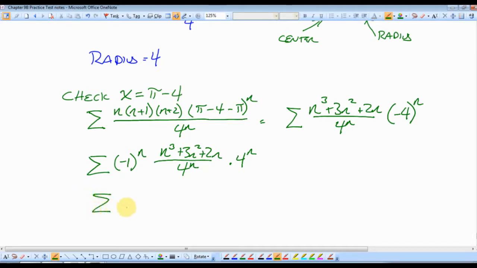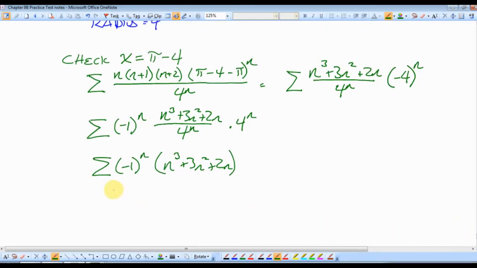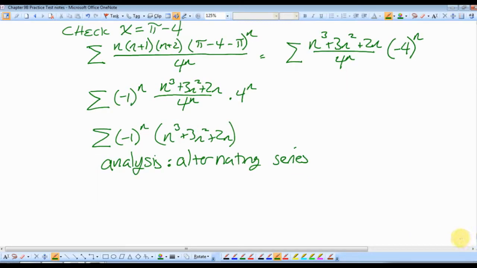That means we have negative 1 to the n times n cubed plus 3n squared plus 2n, and then this is the part where we have to analyze. Okay. So analysis, alternating series. Great. Alternating series. But if it tells you to just find the values of convergence, you don't do the endpoint test, right? That's why I'm doing this in green.